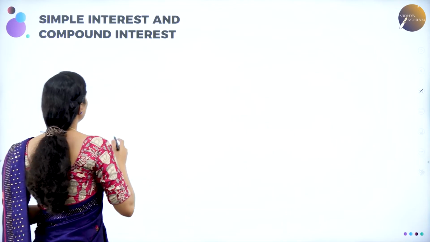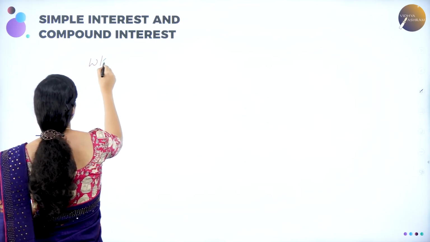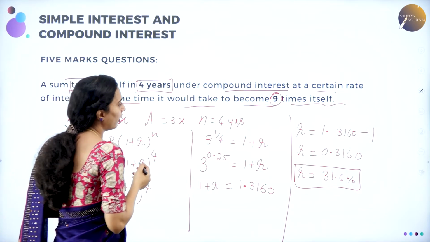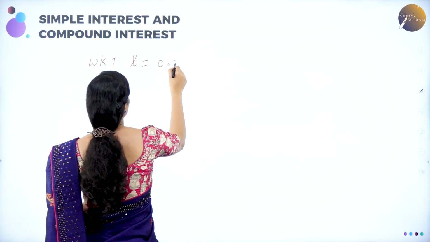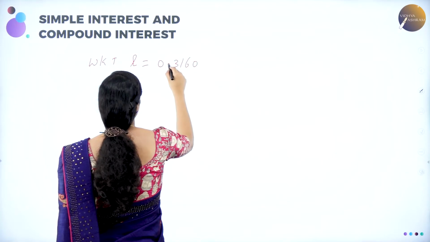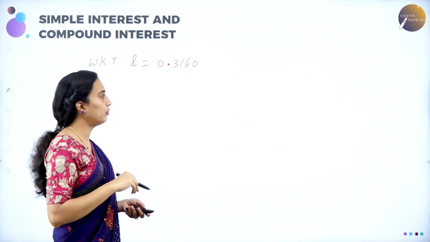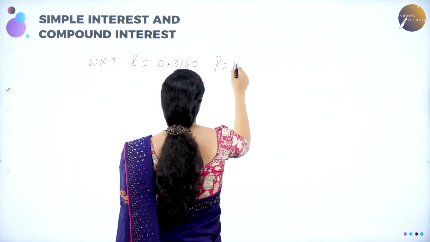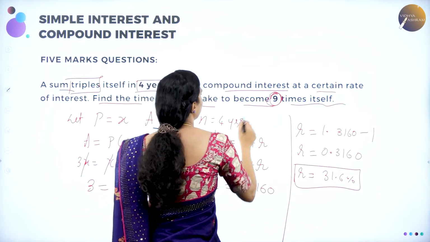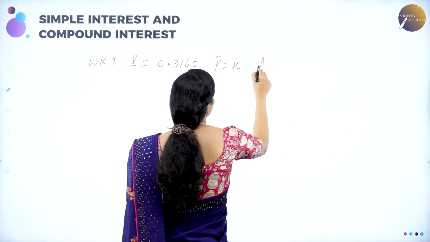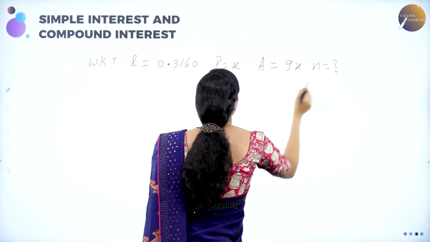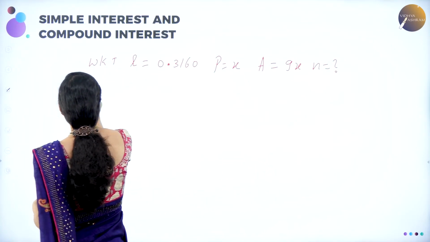Let me take that one. We know that R is equals to 0.3160. Okay, and then you are going to have P is equals to x. What they have asked, it will be 9 times. 9 times means A is equals to 9x. We don't know what N is equal to. Let me use the formula.